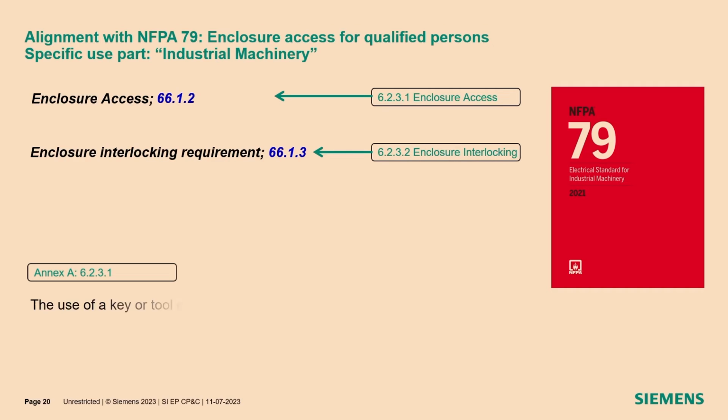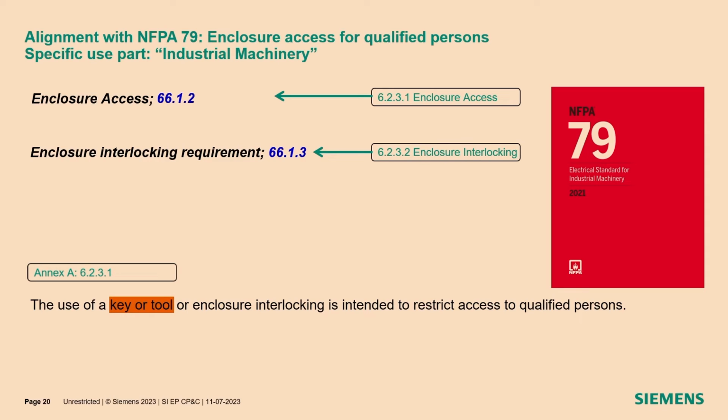Because the use of a key, tool or enclosure interlocking is intended to restrict access only to qualified persons. We need this key, tool, enclosure access or enclosure interlocking, so that only a qualified person gets access to the inside of the control panel.